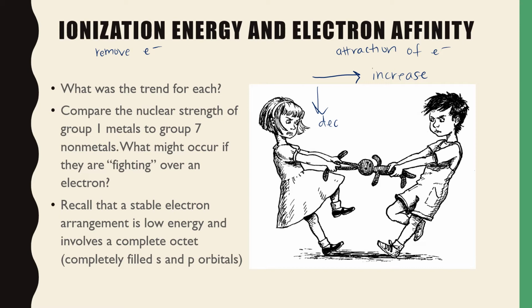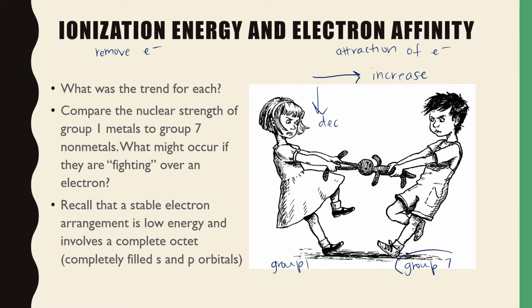So if a group 1 metal has an electron, so let's say this little bunny here represents the electron, and this is my group 1 metal, and here is my group 7 nonmetal. If I compare their nuclear pull or effective nuclear charge, a group 7 nonmetal is much stronger than a group 1 metal. So if they are essentially fighting over this electron, who's going to get it?